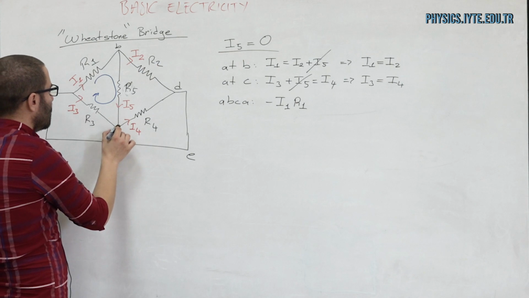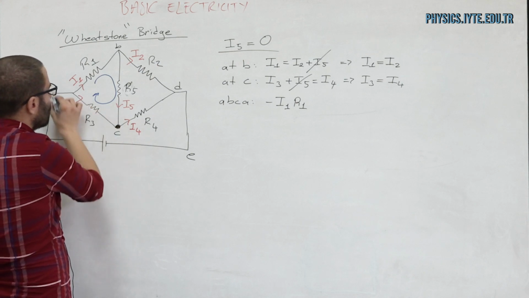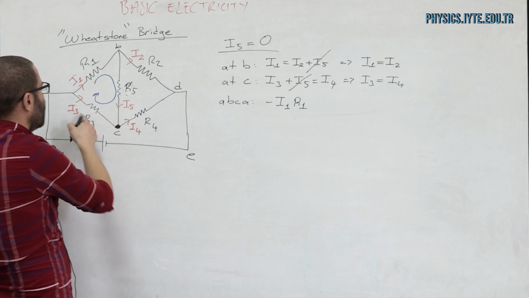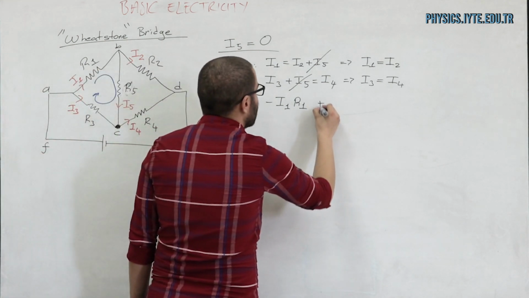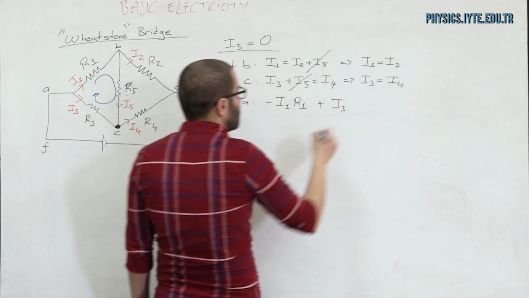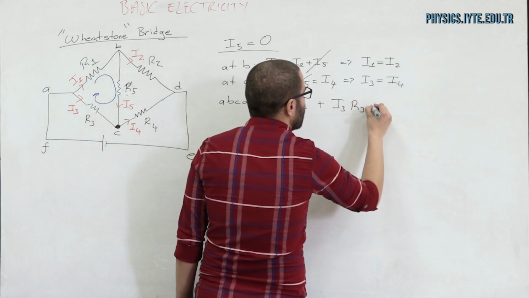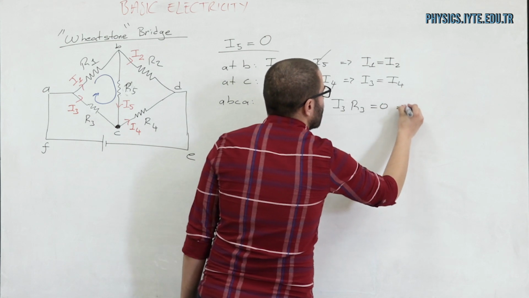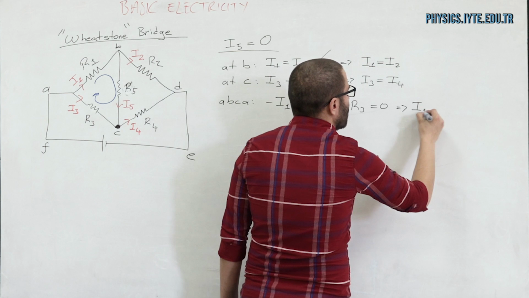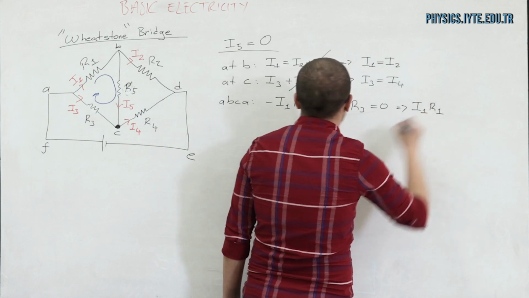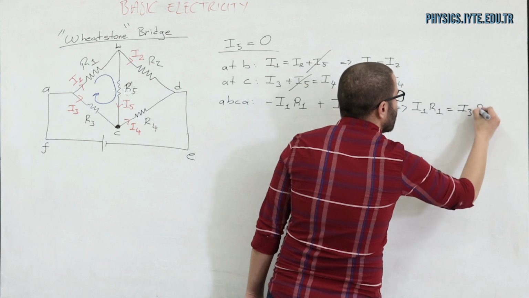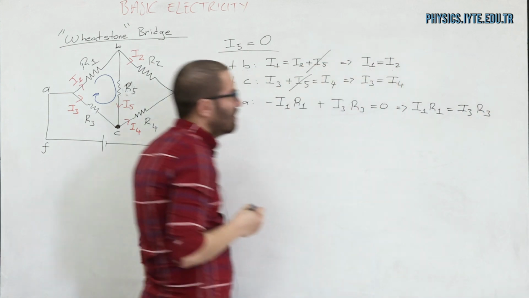So I come to C, and from C to A, I'm moving in the opposite direction of the current, therefore I'm going to have an increase in potential, which is going to be I3 times R3, equal to 0. From here, I can write I1 times R1 is equal to I3 times R3.